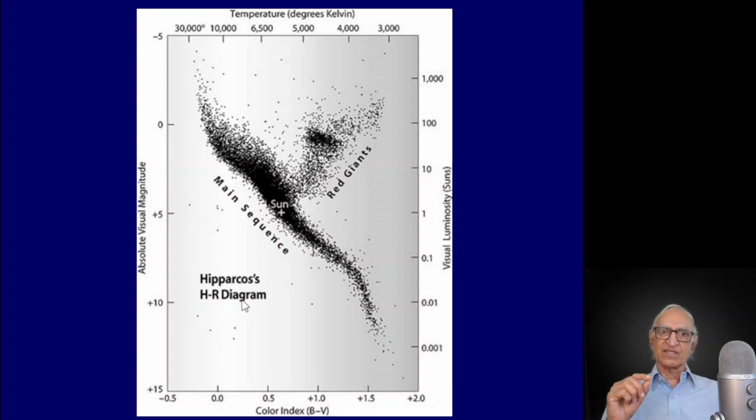Hipparcos' main objective was to measure distances to stars, and this is what you find. So you find very clearly that there is a main sequence of stars where the majority of stars are, and then you have the stars going in this direction towards red giant. There's a traffic jam over there, and that's where they end up.